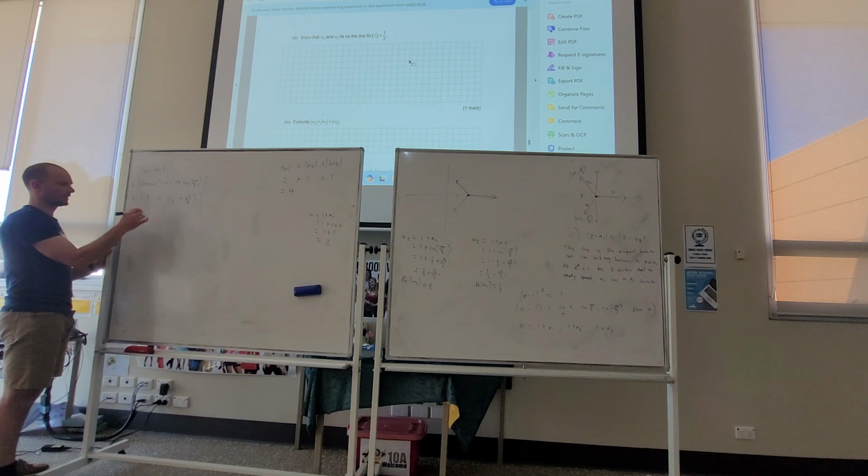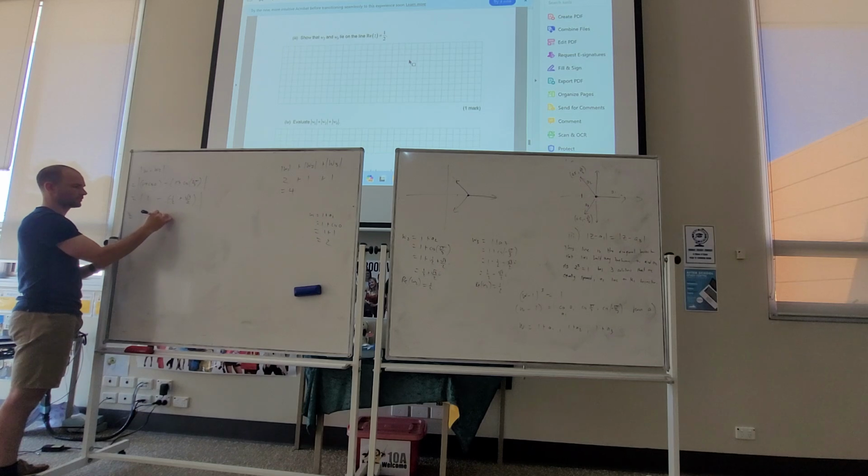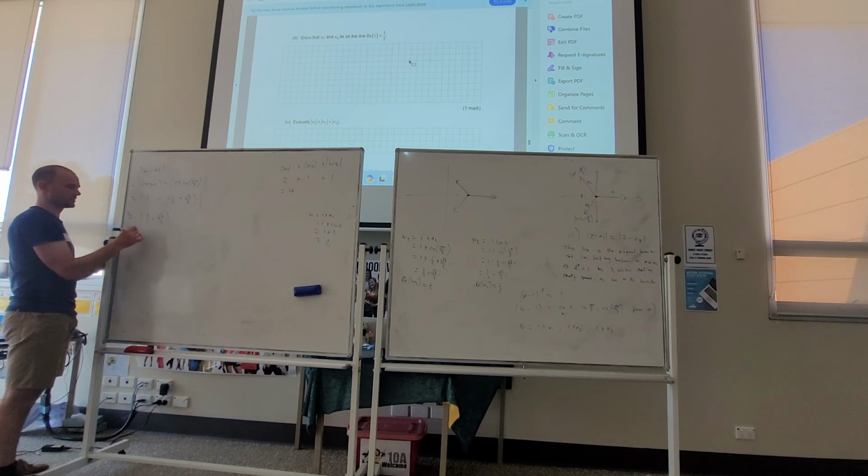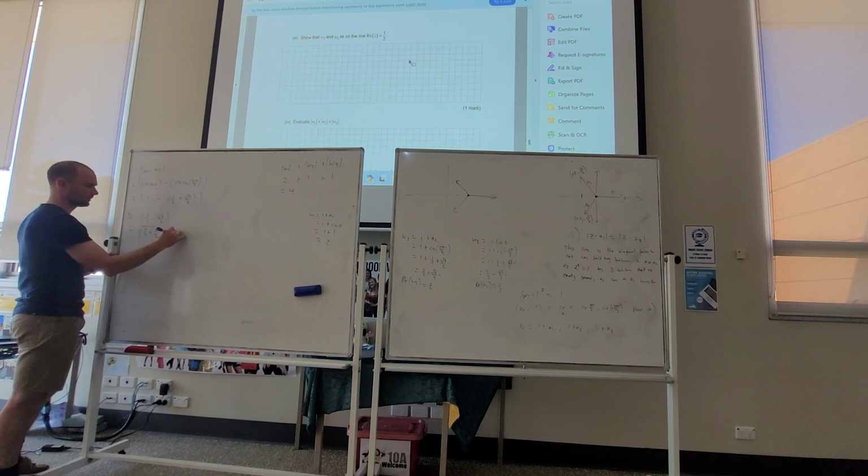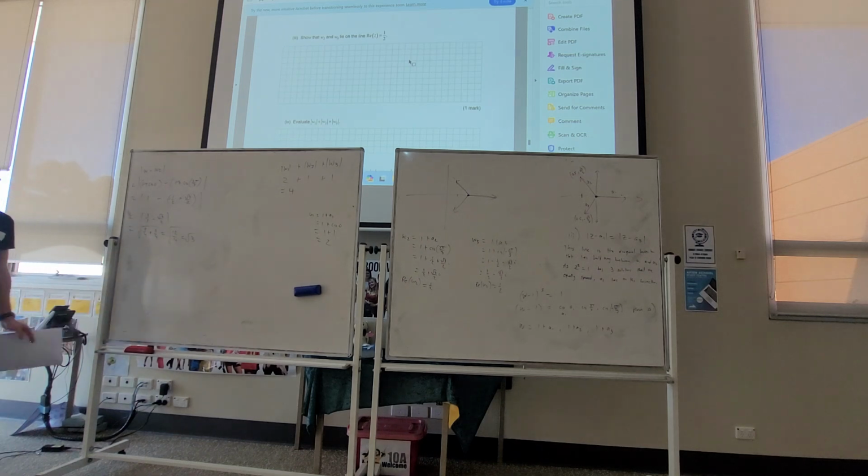Keep breaking it down, we have 1 plus a half, so that's 3 on 2. So we have the modulus of 3 on 2 take root 3 on 2, and we'll just square root. Yeah, so that's positive, that one's negative. So we have 9 on 4 plus 3 on 4, that's 12 on 4, which is square root of 3. So W1 take W2 is square root of 3.